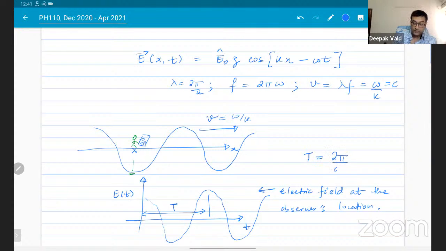Capital T will be equal to 2 pi by omega. Exactly by the same reasoning that you get for the wavelength and k, same thing applies to capital T and omega, because capital T, the time period, is the wavelength of the wave in the time direction. So this observer sees a wave that is moving past.